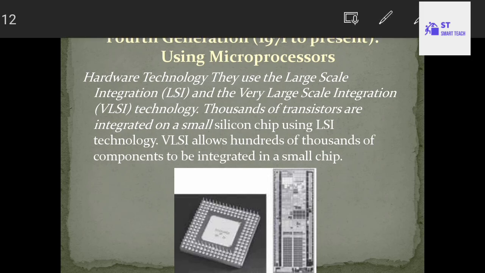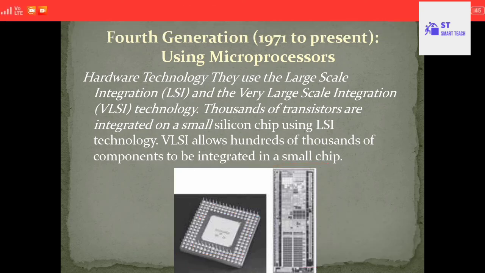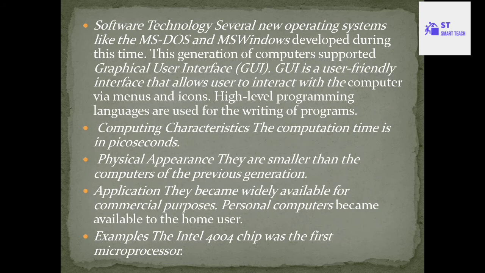So this is the image of a microprocessor. Here thousands of transistors and hundreds of thousands of components are integrated in a small chip. Next, software technology: several new operating systems like MS DOS and MS Windows were developed during this time.